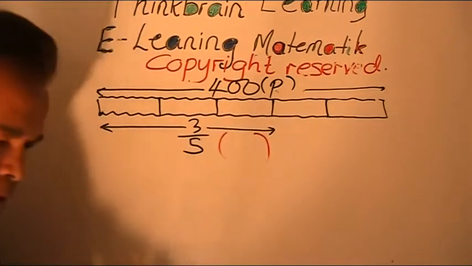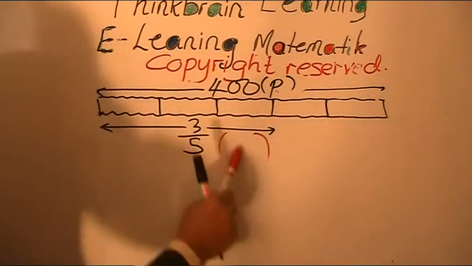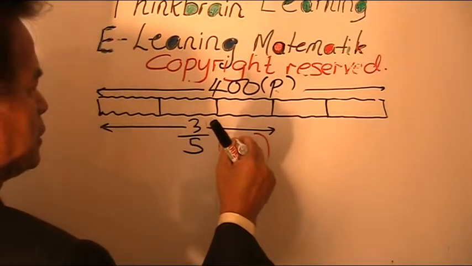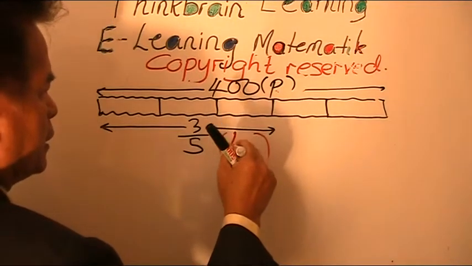Tell me. Apa lagi saya boleh buat sini? Ya, betul. Saya buat sini ialah lelaki, L. Okay. L stands for lelaki, or B stands for boys. Right? So 3/5 of them are boys.